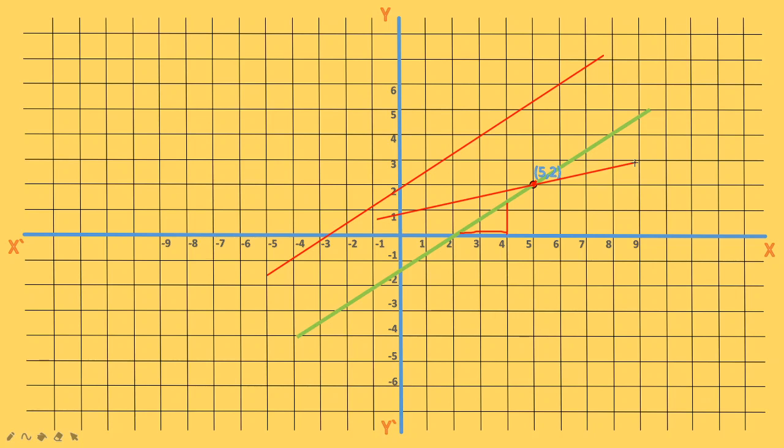But there's only one line which passes both conditions, that it has the same slope and it passes through 5 comma 2. So if we have a fixed slope and a fixed point, then with those two things we can define a line. So we can make the equation of a line from those two things, because those two things are very unique.